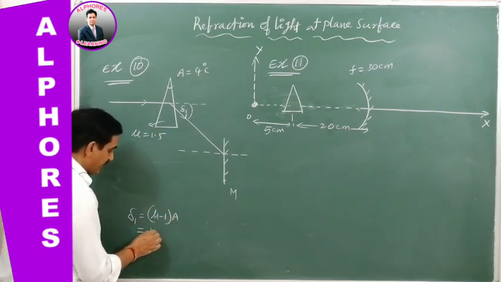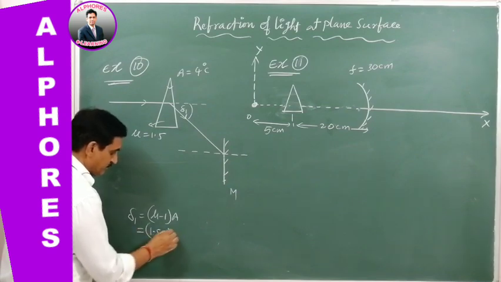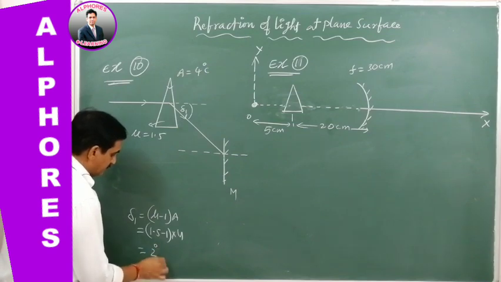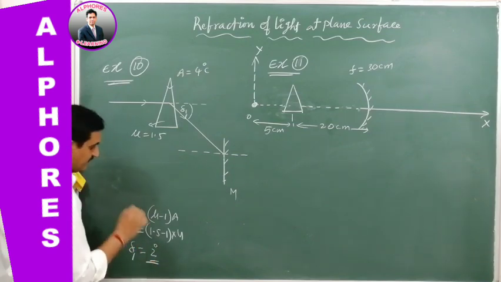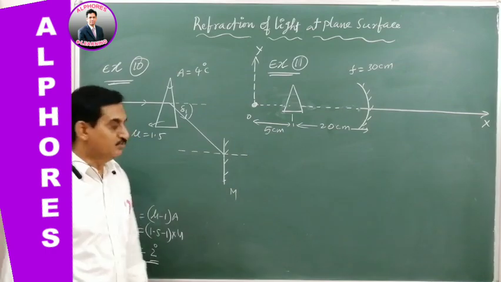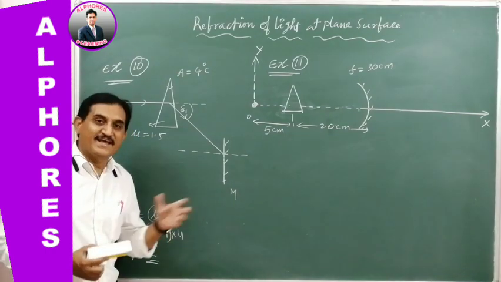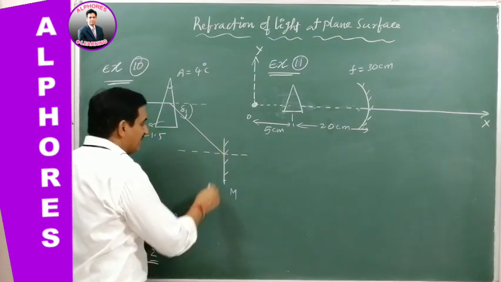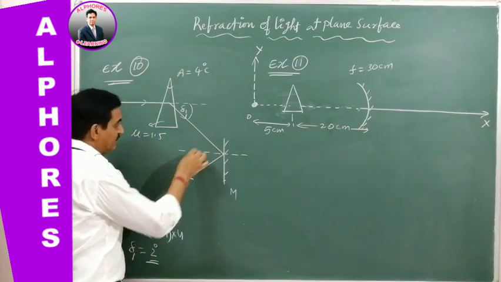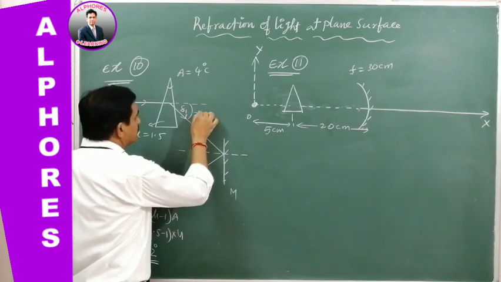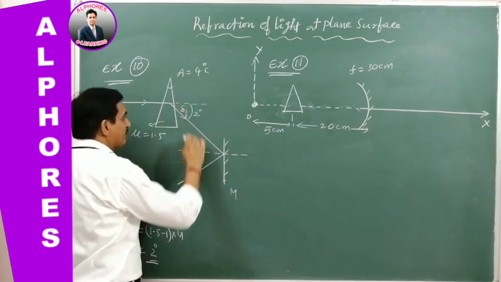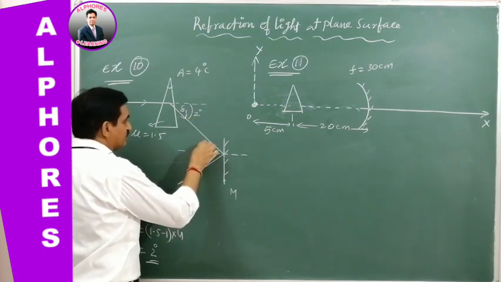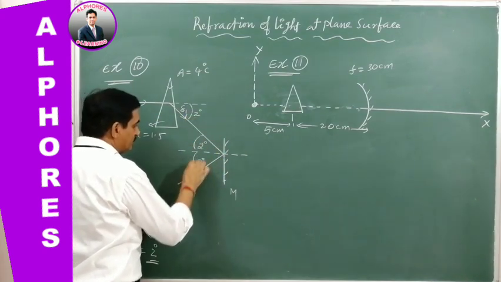Mu is 1.5 minus 1, into A. A is 4 degree, which gives us 2 degree as the deviation suffered by the light due to refraction through the small angled prism. And again this light is incident on the plane mirror and undergoes reflection. Now here it is 2 degree, and definitely these two are parallel lines, and this is the transverse line, alternate angles. This is also 2 degree and this is also 2 degree.